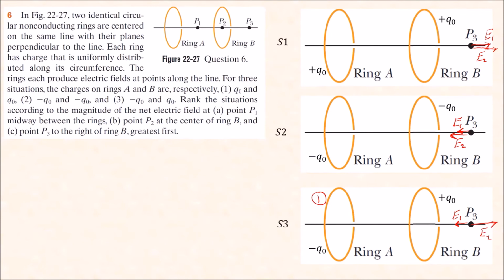So here they partially cancel each other. In situations 1 and 2, they add to each other. In situation 3, they partially cancel each other. So the ranking would be: the electric field of situation 1 is equal to the electric field of situation 2, which is bigger than the electric field of situation 3. Does it make sense? Any questions?